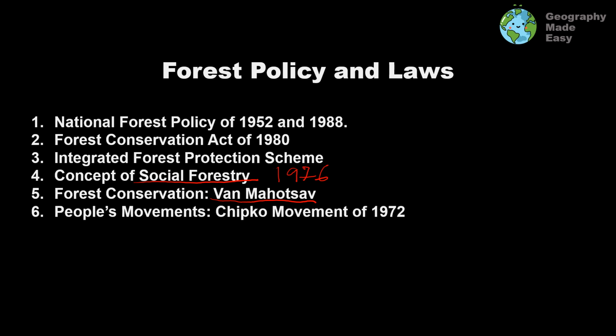It is also called the tree hugging movement, where the women of the village came out of their houses to hug the trees to protect them. They said they would rather be killed before the trees could be cut down.